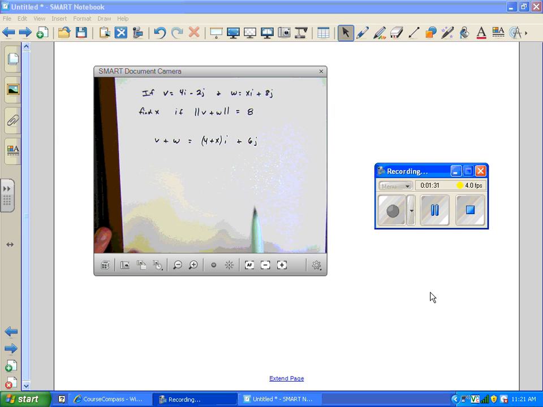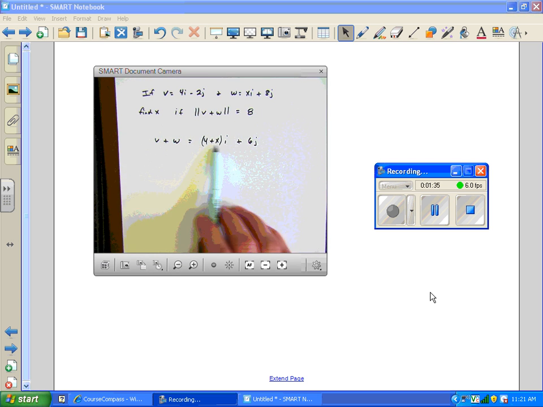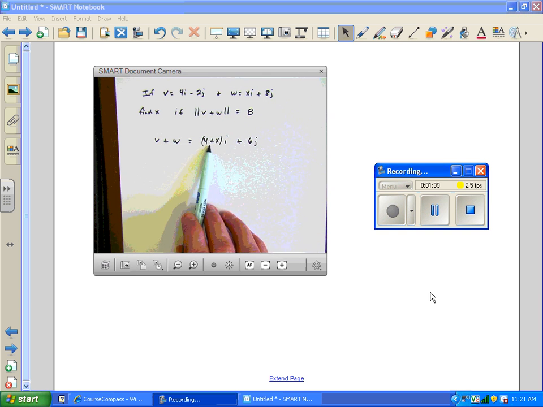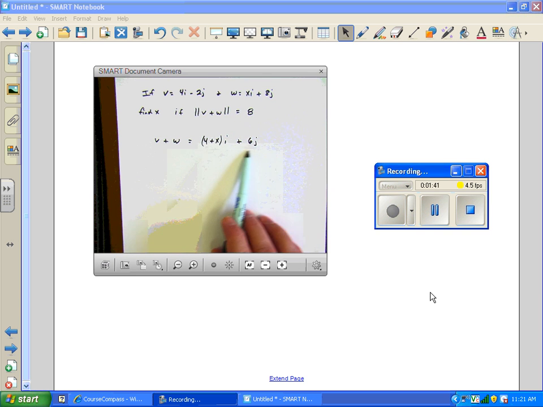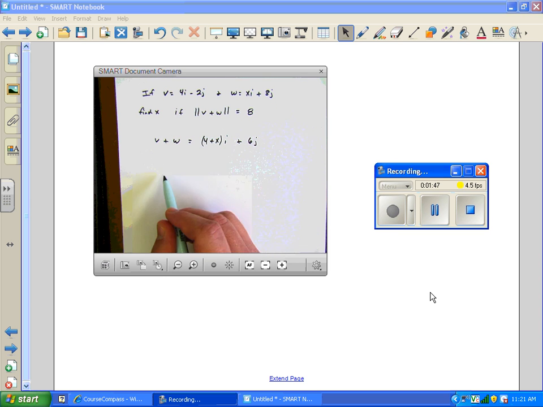Now, it says that the magnitude of this V plus W vector should be equal to 8, right? So how would we find the magnitude of that? The magnitude of V plus W would be equal to the square root of a squared plus b squared.